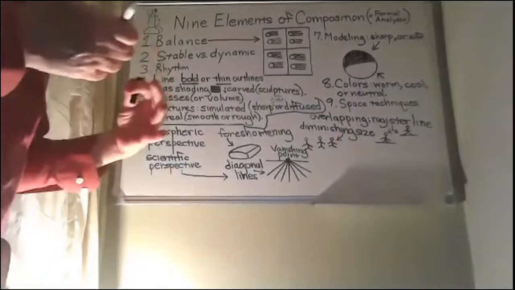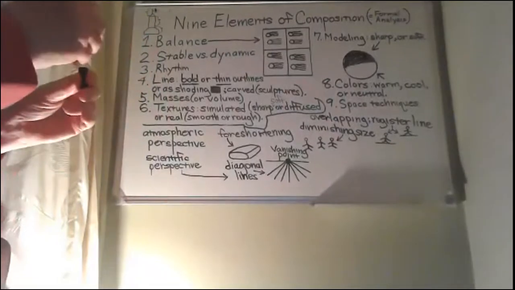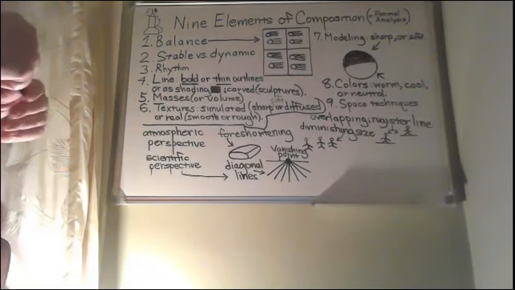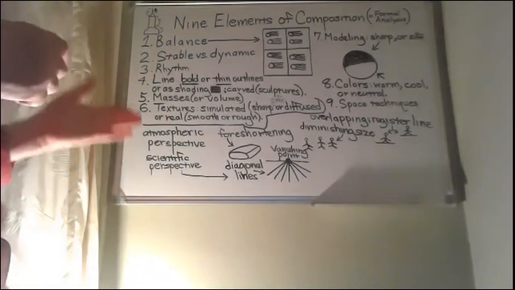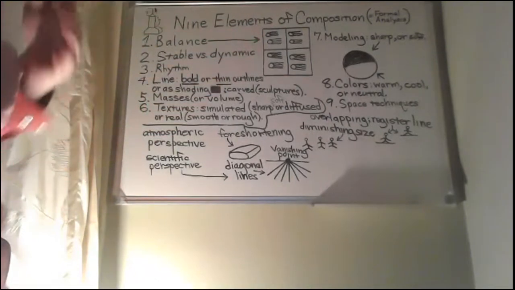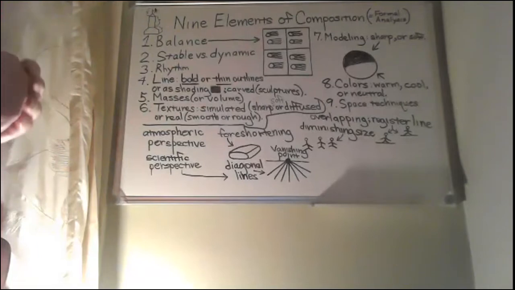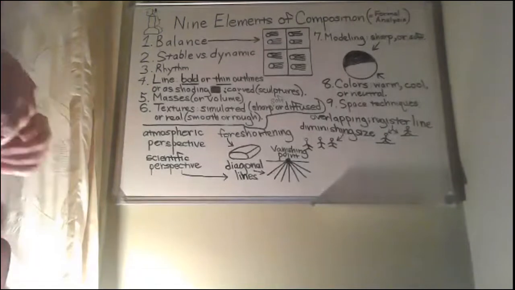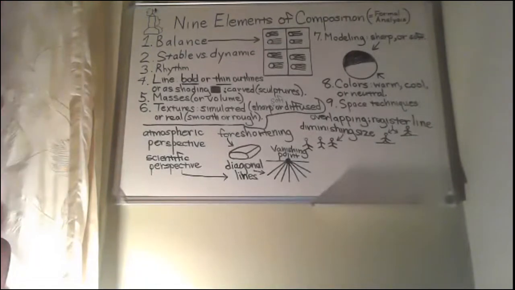There's some implied, some hint of realistic textures, but they're not sharp or strong deliberately. So in an Impressionist painting or many other more modern paintings after Impressionism, they did not try to create realistic or sharp simulated textures. They use soft or diffused.